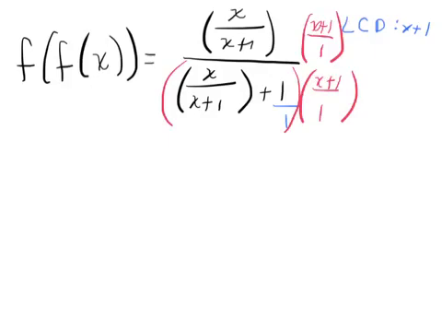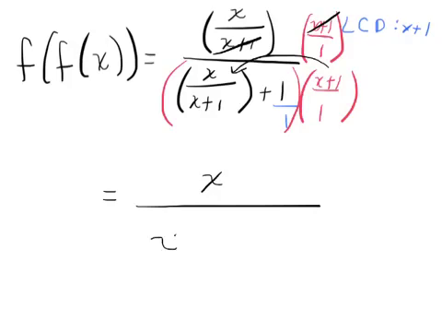What happens in the numerator? And this is quite convenient. Yeah, it just becomes x. Cancel, cancel, leaving behind x only. But in the denominator we have to remember to distribute. So please don't just cancel the x plus 1s right away, because you're going to forget about that 1 there. When you distribute, the x plus 1s definitely cancel, leaving behind just the x in that denominator.